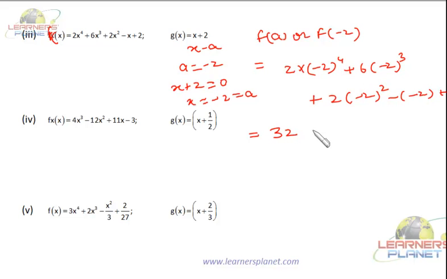Minus 8 into 6 is minus 48. Then 4 times 2 is 8. Then it's plus 2 and plus 2. So 32 plus 8 is 40. 40 plus 4 is 44. 44 minus 48 is minus 4. That means if we divide this expression by this, we will be getting the remainder as minus 4. Okay, I hope you are clear and your solution is matching with mine. Let's take the next example.